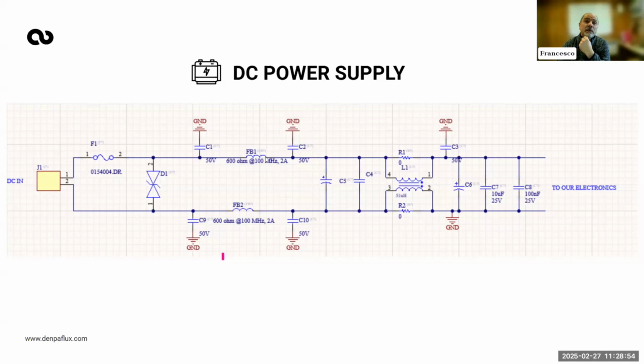C2 and FB1 improve radiated immunity instead at high frequency. L1, C6, C5, C4, C7 improve conductive emission and conductive immunity. So every one of these has a specific functionality. And I'm not suggesting you fit everything, but design in a way that there is space.